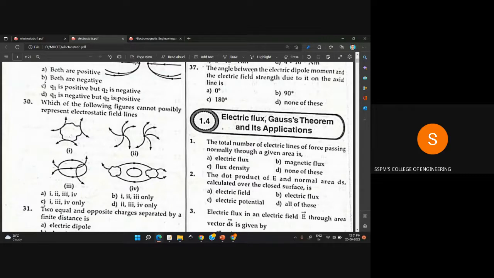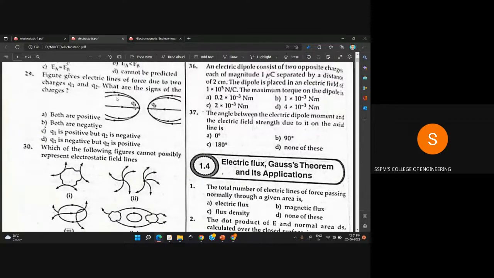So options 1, 3 and 4 are not valid, while option 2 is valid. Are you getting? So which is the correct answer? The correct answer is: first, third and fourth only cannot possibly represent an electrostatic field.